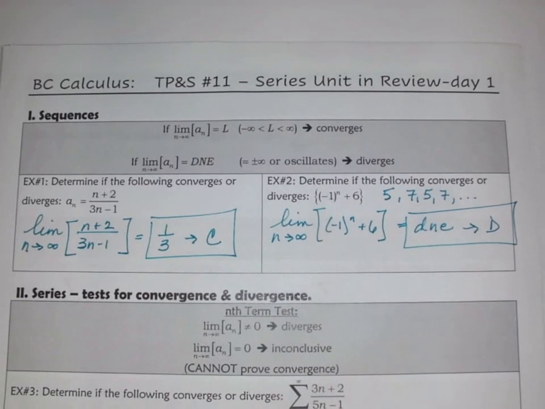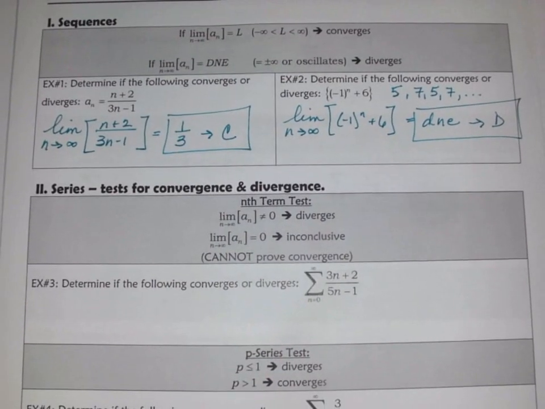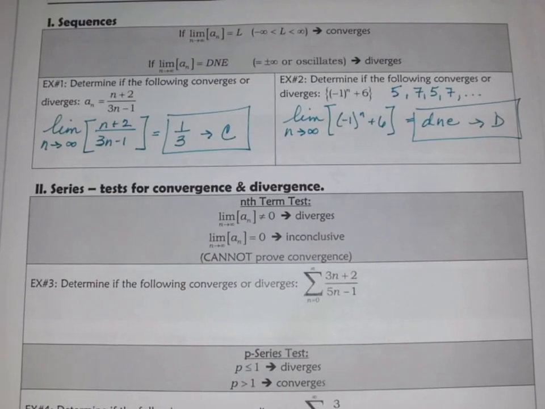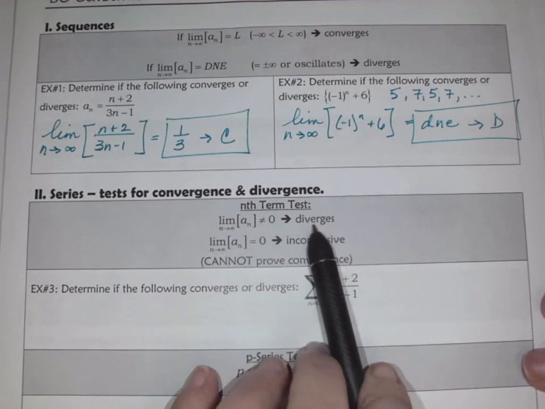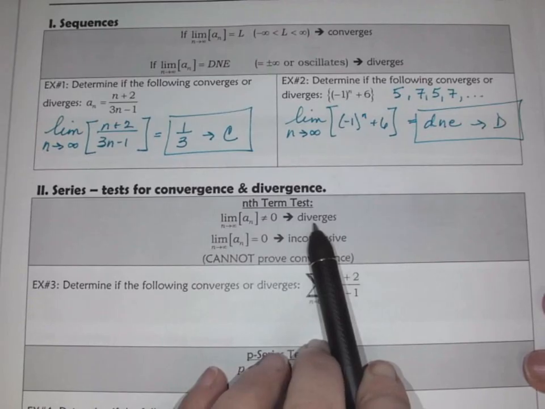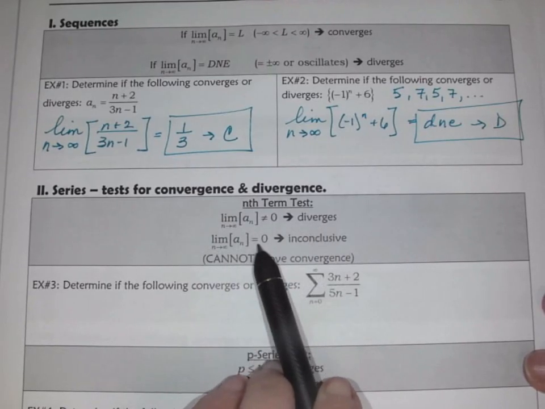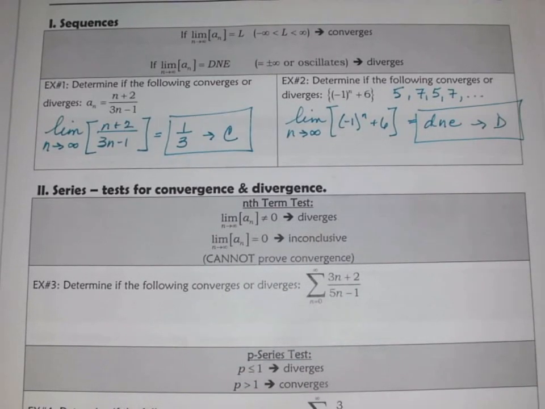Okay. Then we moved on to series, and we had 8 tests for convergence and divergence of a series. The first test that we learned was the nth term test. And the nth term test told us if the limit of the terms does not go to 0, then it diverges. However, if the limit of the terms does go to 0, this test is inconclusive. We don't know what it does.